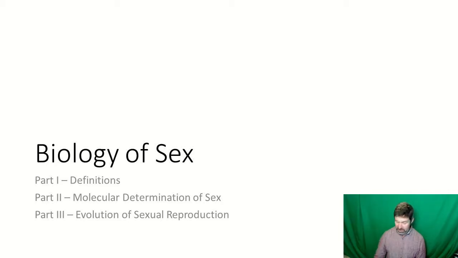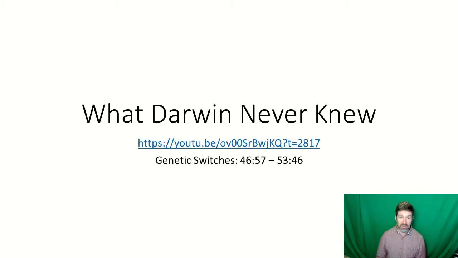Now, ultimately, what this comes down to is what Darwin never knew. Charles Darwin was a big name in evolution. He's the guy who came up with the theory of evolution, right? And we want to remember in science, a theory is something that is incredibly well established. We don't have laws in biology. And as we talked about in our investigation of the scientific method, we really can't prove anything.